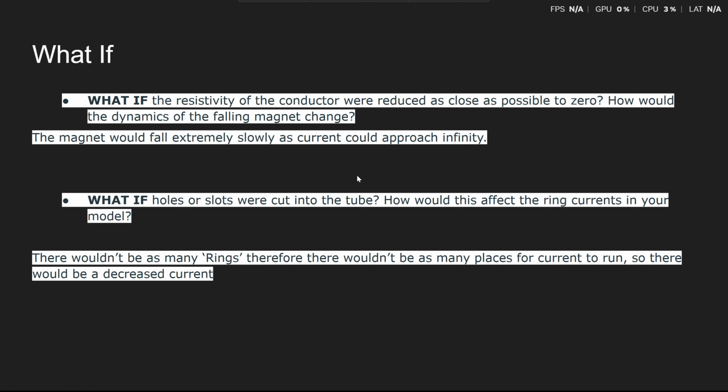The what ifs. The first one is: if the resistivity of the conductor was almost zero, how would the magnet falling change? It would change because it would almost not fall, because there's no resistance. Current is voltage divided by resistance.